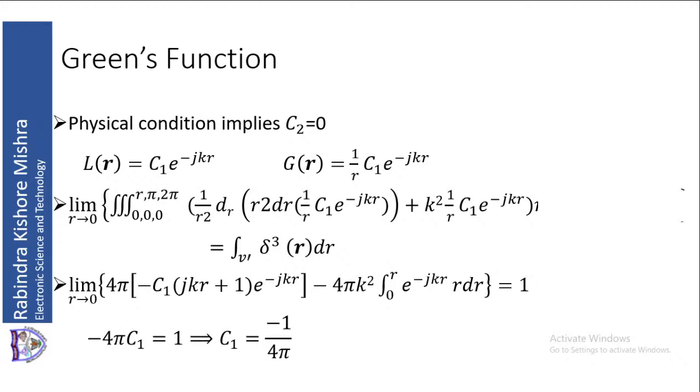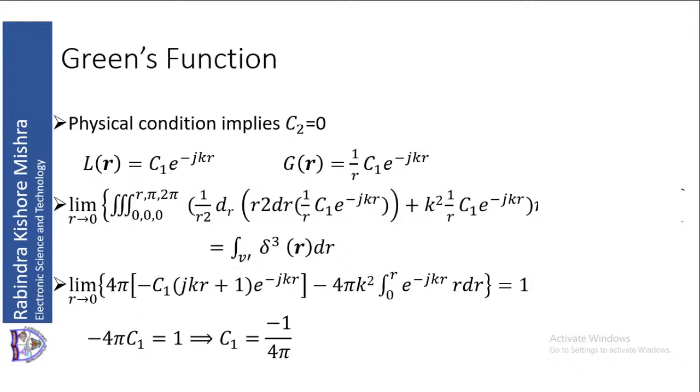Similarly, for the second term we have minus 4 pi remains as it is, k square integration from 0 to r exponential minus jkr r dr. Now put the limit on both these things.